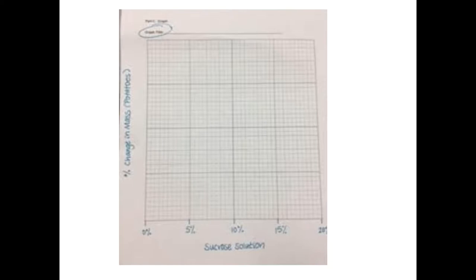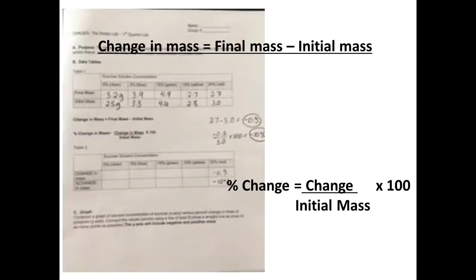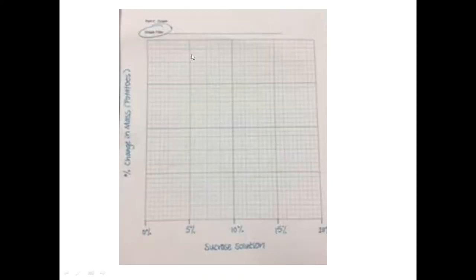Okay, so to set up your graph, the x-axis is the solutions. So remember we had the 0% cup, the 5%, the 10% sugar, the 15% sugar, the 20% sugar. So these are those 5 cups. Okay, if you look back here, see I have 0, 5, 10, 15, 20. Great. What you're going to put on the y-axis is how much the potatoes changed mass.